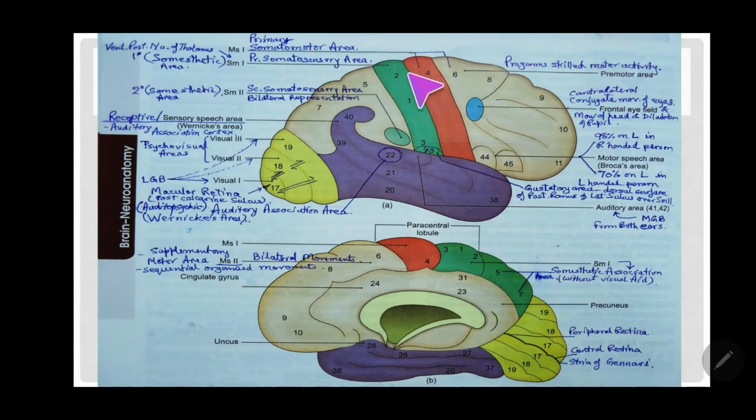Now we're talking about this area first of all, the postcentral gyrus. The sensory areas are also located onto the posterior surface of the central sulcus, because it's a limiting sulcus, and on the two sides of this sulcus there are different areas.